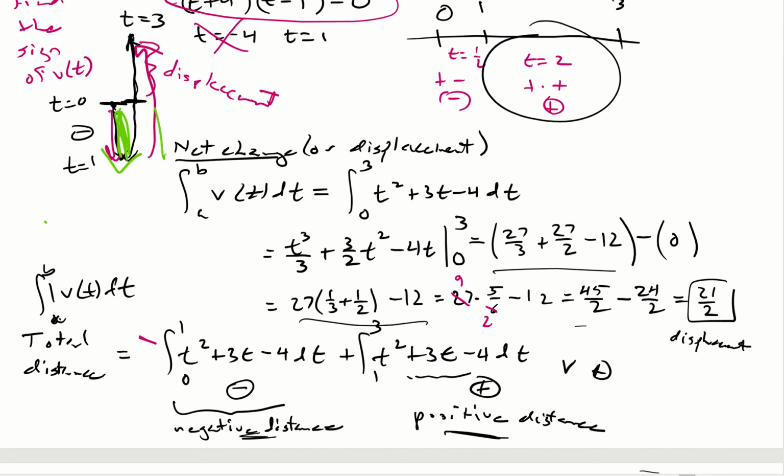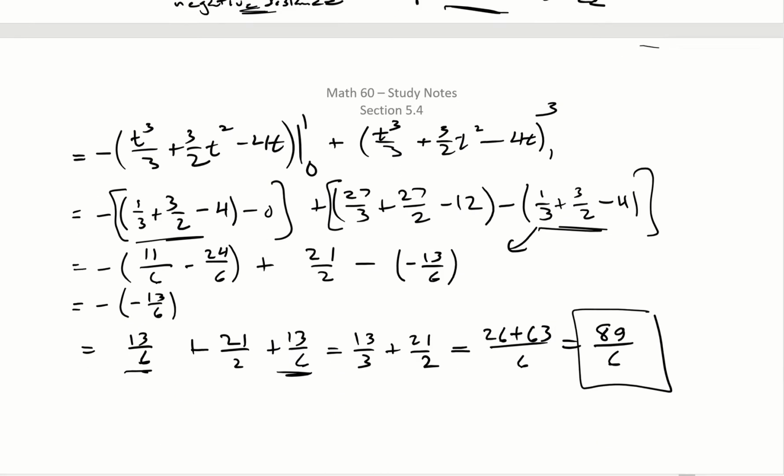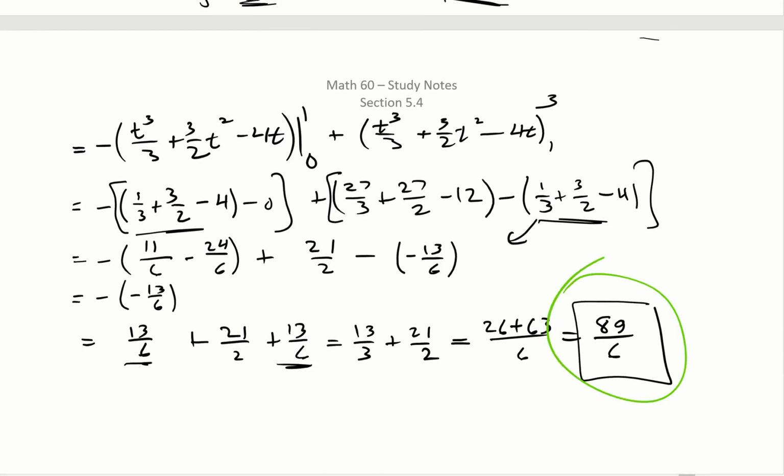But then he's going back up again, another 13 over 6. And then finally, the net displacement was the 21 over 2. Isn't that interesting? So going down is 13 over 6, going back up 13 over 6 again, and then 21 over 2. If you add it all together, the total distance traveled, I hope you really appreciate that, was this guy. So that's an interesting problem.